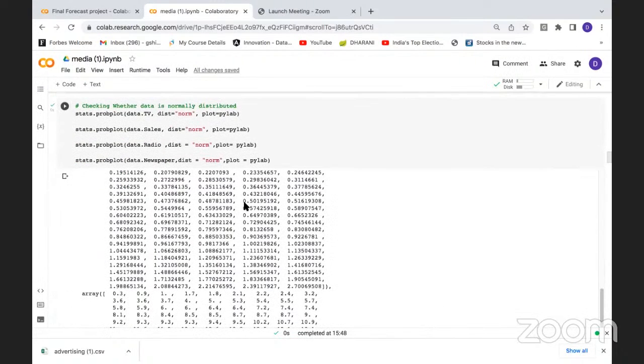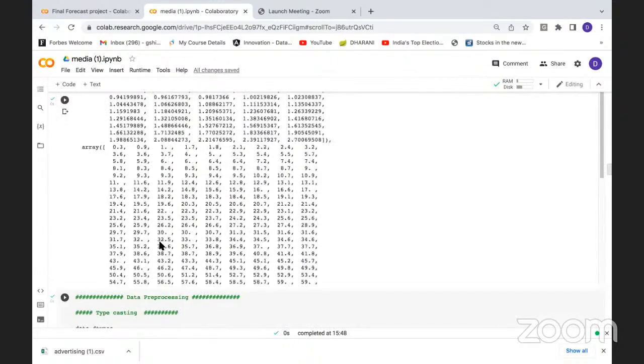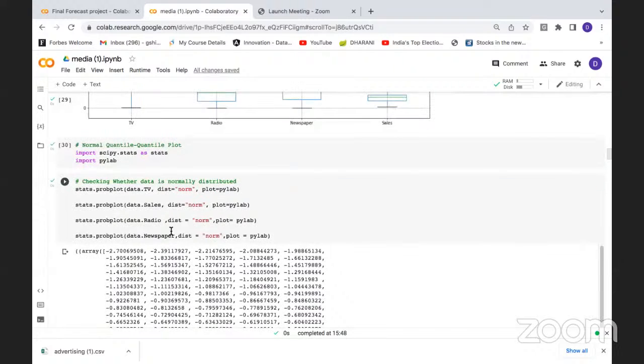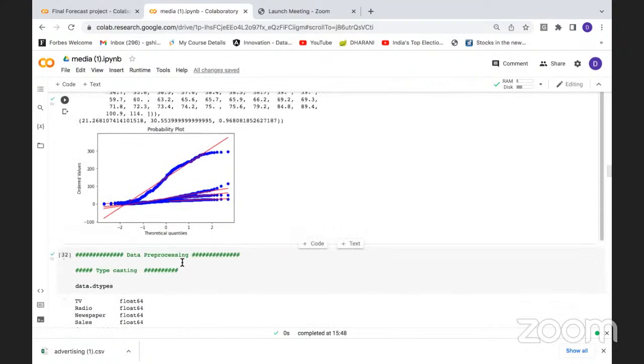To check this in a single go, I got this plot with all the plots. The one where it is linear has a maximum of data points falling on the line.